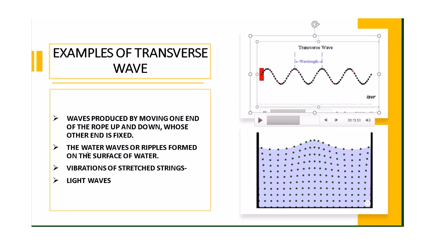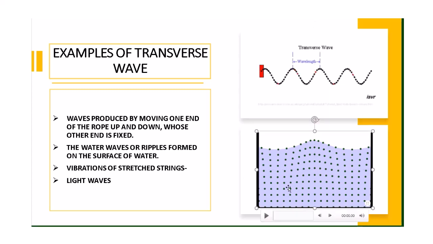The second example is that of water wave. Now you are very much familiar with this simulation. What you have to observe is the particles, how they move up and down when they form ripples.